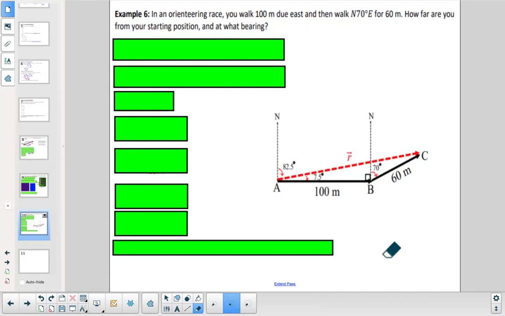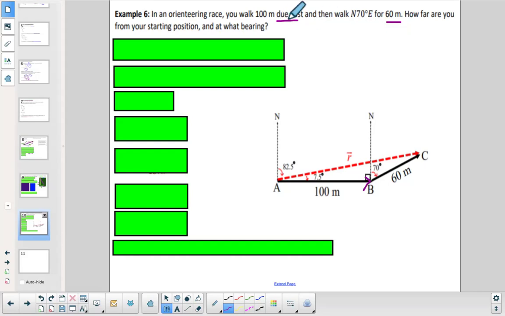So in an orienteering race, you walk 100 meters due east. So this vector AB is drawn 100 meters heading due east. And then we walk north 70 degrees east for 60 meters. This vector is my second vector.